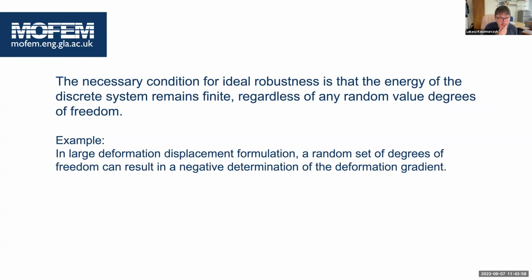I will say only one thing, that the necessary condition for ideal robustness is that the energy of the discrete system remains finite regardless of any random value of degrees of freedom. So imagine that if you have a classical formulation, and then you randomly choose the values of the degrees of freedom, like you use a random number generator to put the numbers for values of the degrees of freedom.